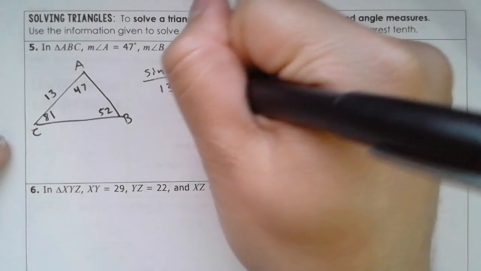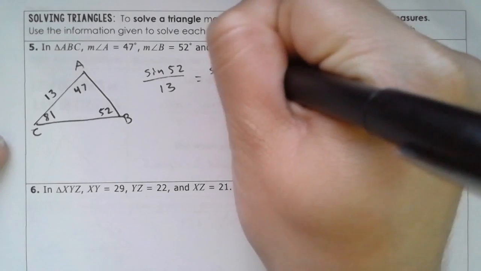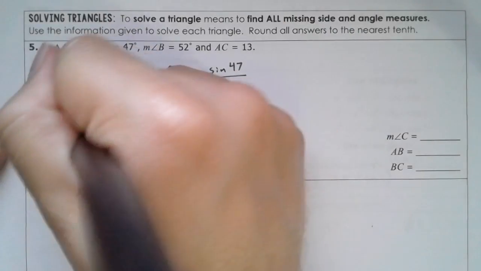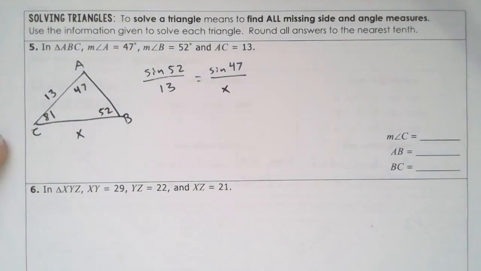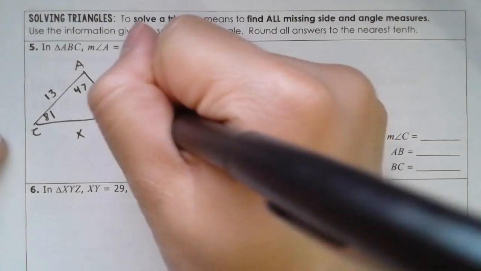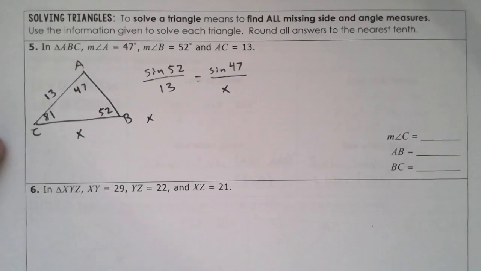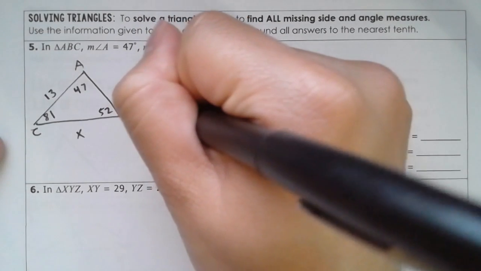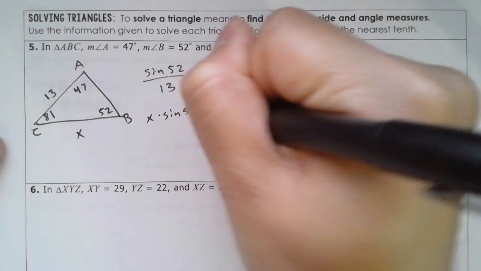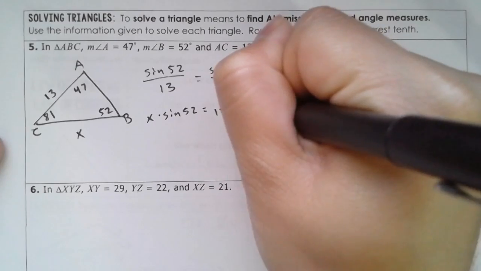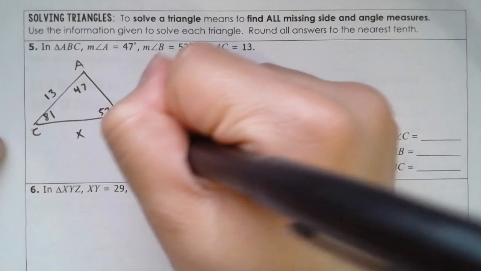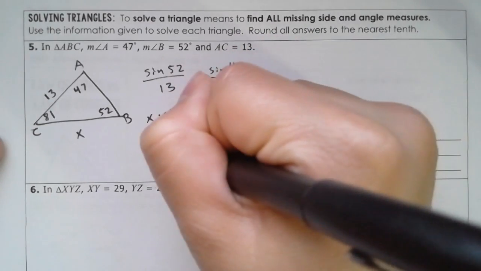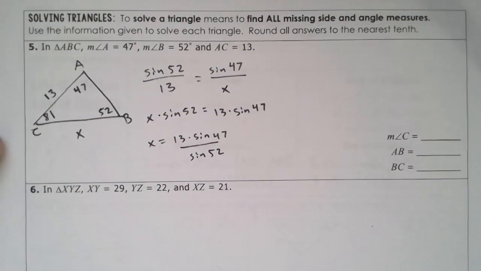That I can use now to do sine of 47, for example, to find, we'll call this guy x. You're going to get x times sine of 52 is equal to 13 times sine of 47, and then x is equal to 13 times sine of 47 over sine of 52.